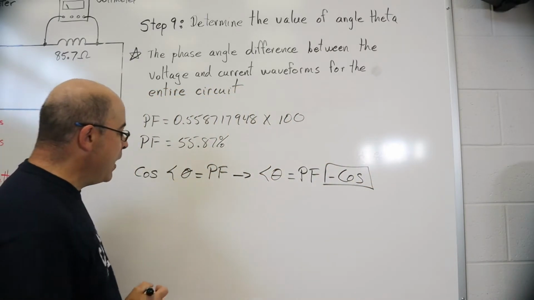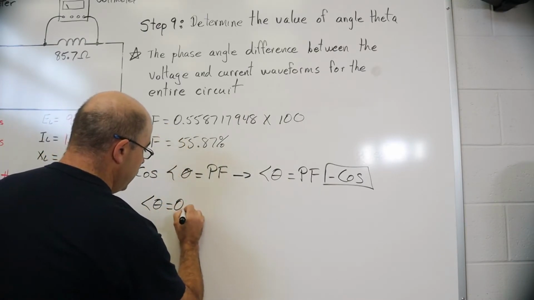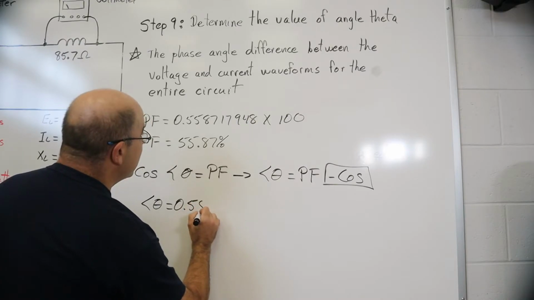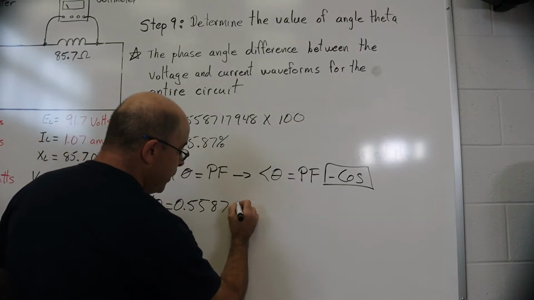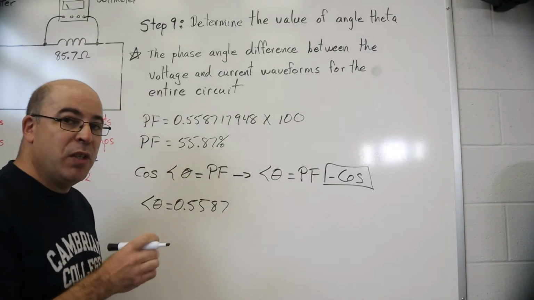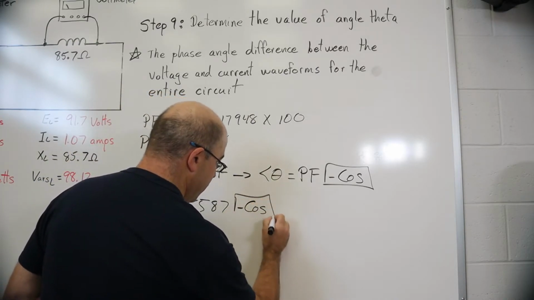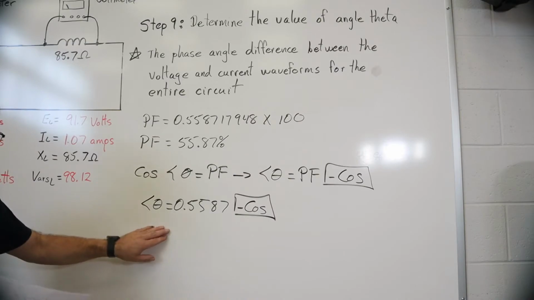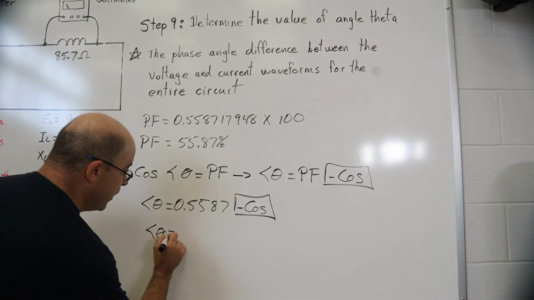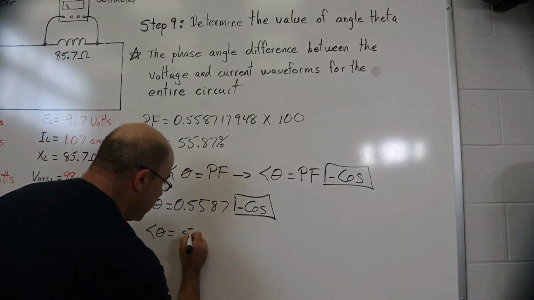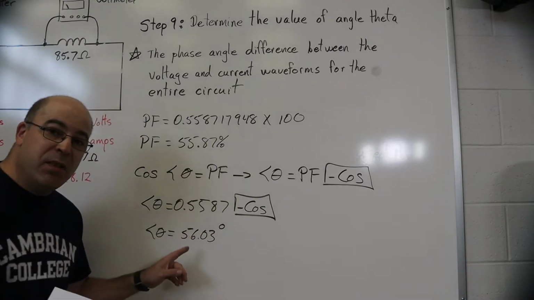So it's simply a matter of taking this value of 0.5587, and then I'm going to use the inverse cosine function in my calculator. If you've punched this into your calculator, you should get a value of 56.03, and that is going to be expressed in degrees.